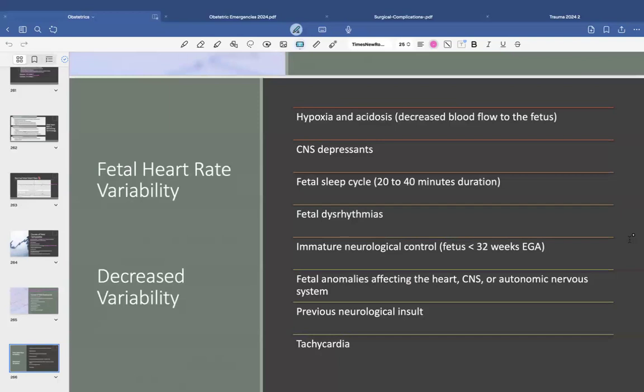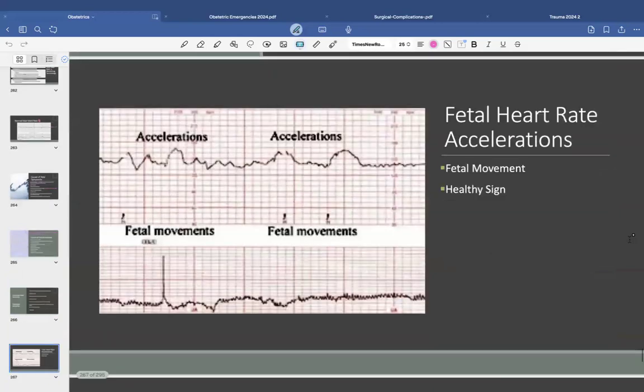Those are usually associated with uterine activity, and I forgot I'm recording, I can't move that much. So usually correlated with uterine activity or fetal movement. So you can see baby moved, and then there was an acceleration. There are some good examples of this online.